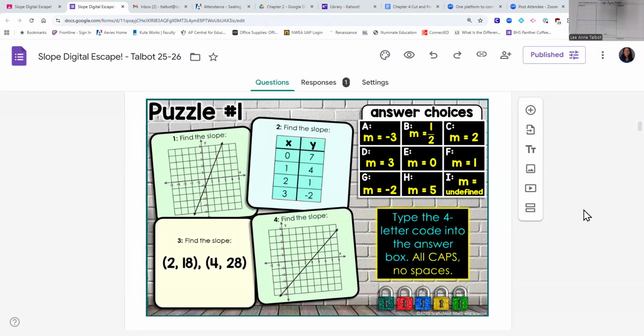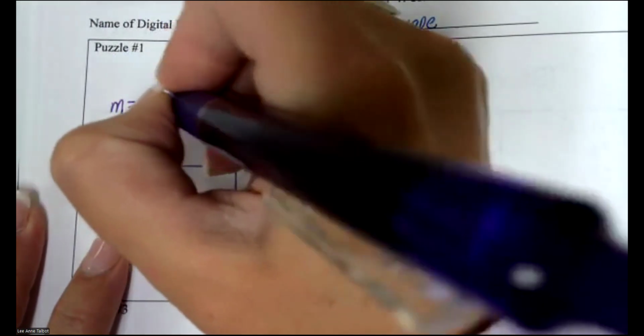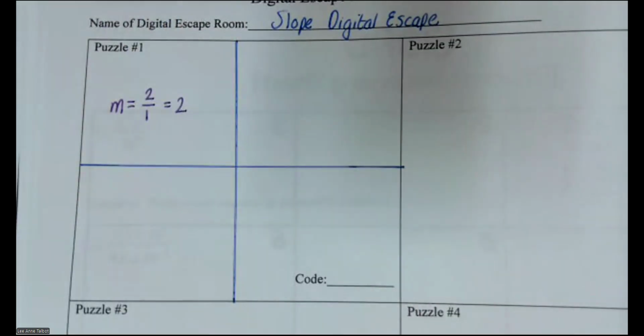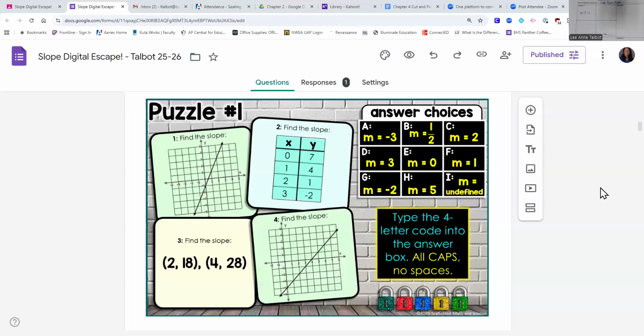So what I want you guys to do to show work for when you have a graph, literally just write m equals 2 over 1 equals 2. That's plenty of work to show for that. Okay, and then what answer would that be? C? Everybody good?